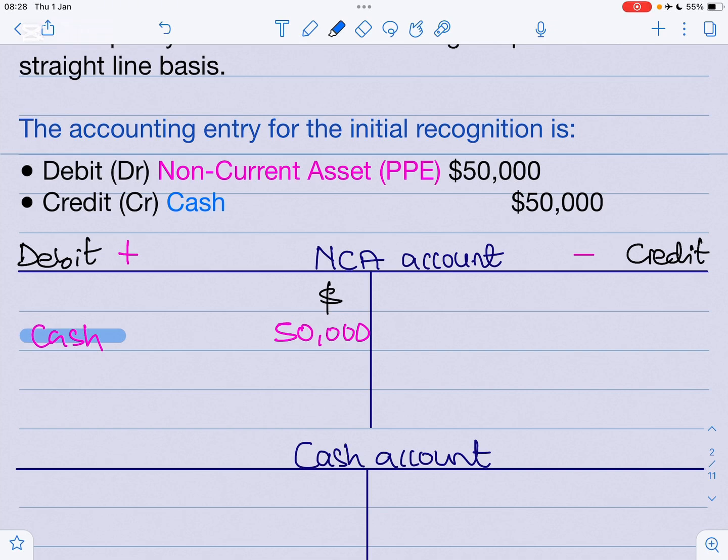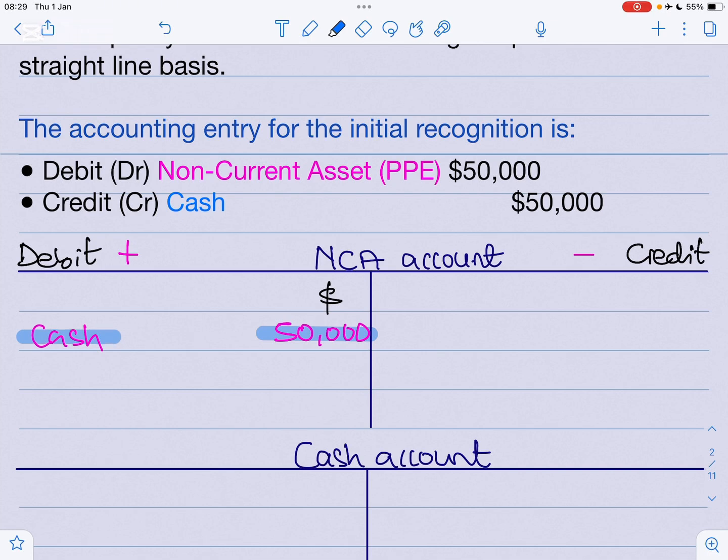So whoever is studying or looking at this non-current asset account will read that the business bought or acquired a non-current asset for $50,000, because that's why it's recorded on the debit side. And what means did the business use to acquire this asset? The narration is cash.